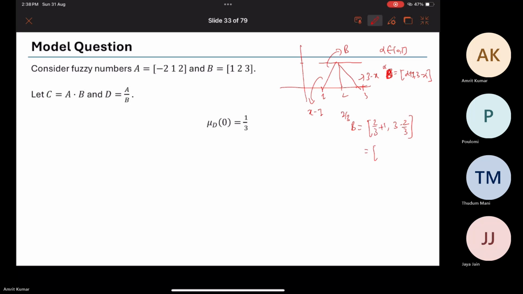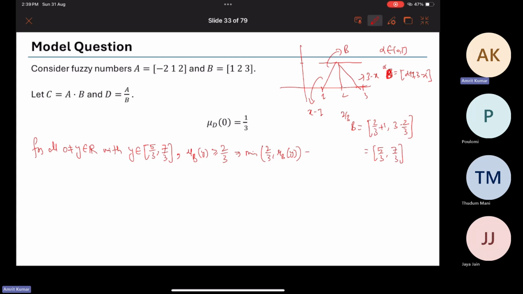This is 5 by 3, 7 by 3, right? So for all non-zero y with y in this interval, mu B of y is greater than or equal to 2 by 3, and therefore this minimum of 2 by 3 and mu B of y is again 2 by 3.